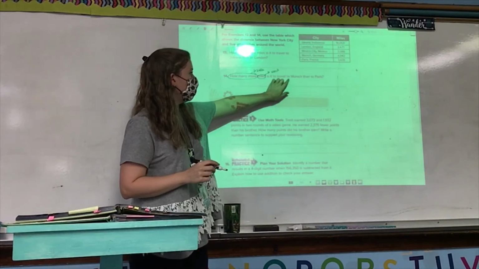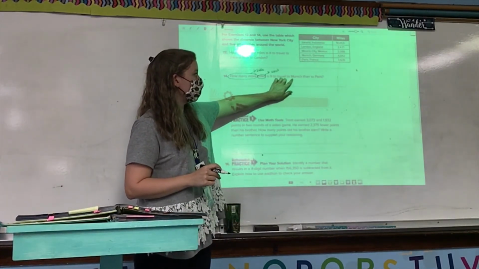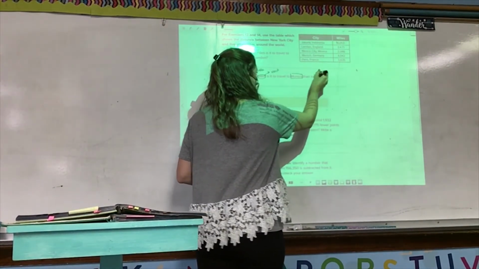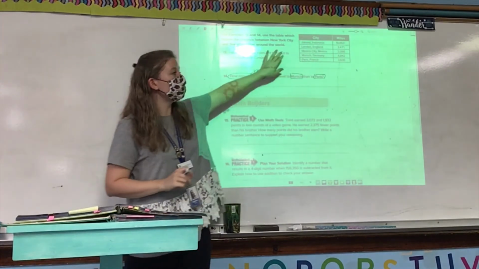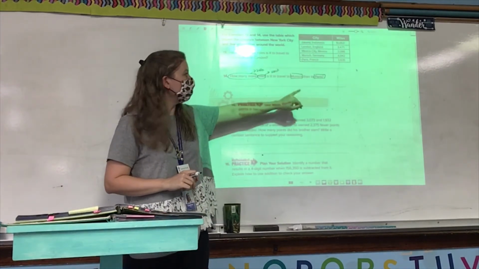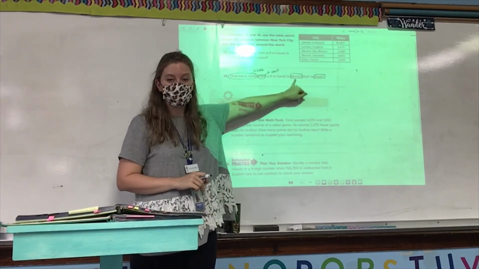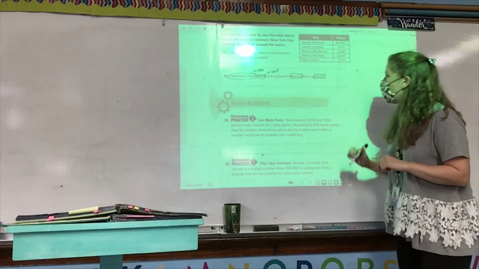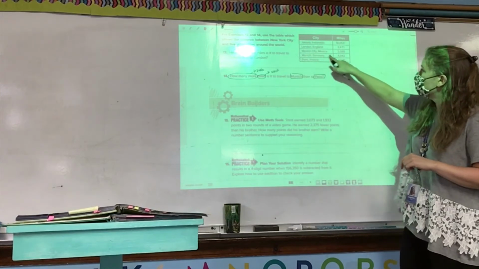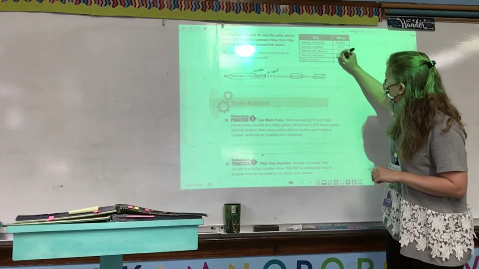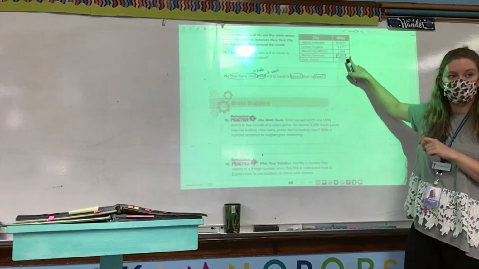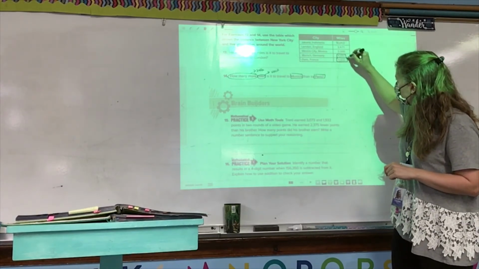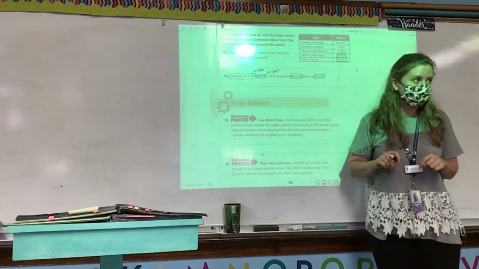And then how many more miles is it to travel to Munich than to Paris? So we need to go up to this table and figure out which number represents the number of miles to Munich and which represents the miles to Paris. Munich is 4,042 miles away and Paris is 3,635.